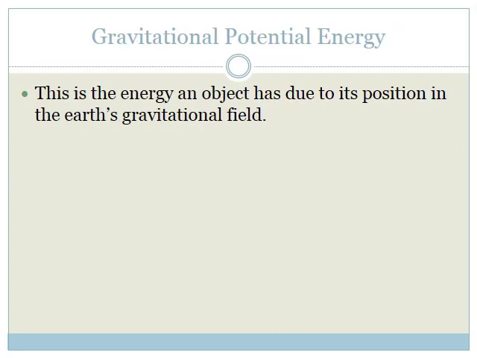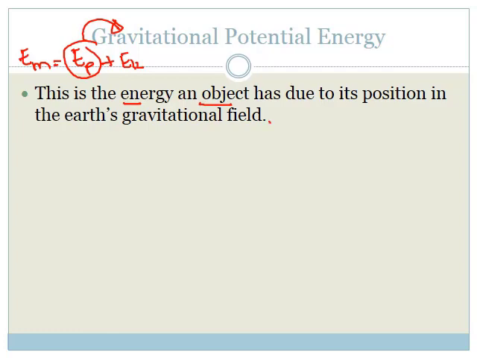So we now know that EMEC is equal to EP plus EK. And EP is the gravitational potential energy. So let's talk a little bit more about gravitational potential energy. This is the energy an object has due to its position in Earth's gravitational field. Makes sense?